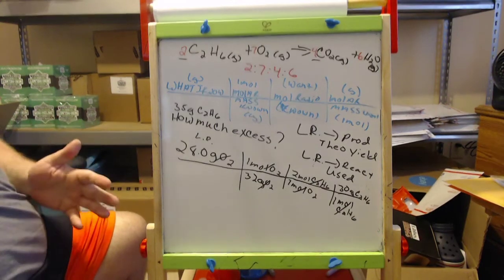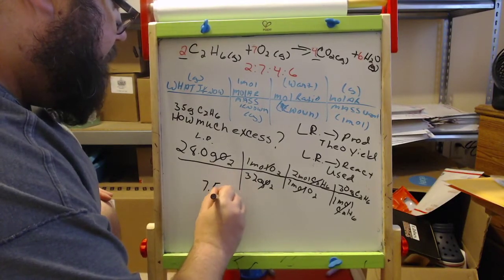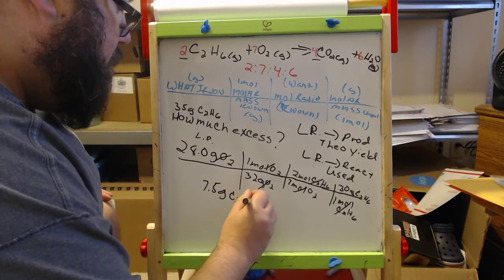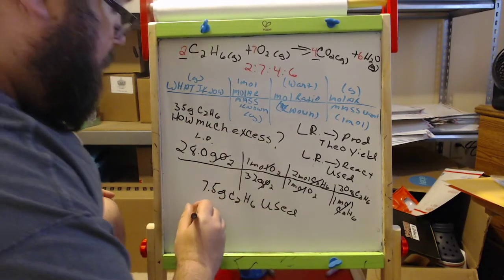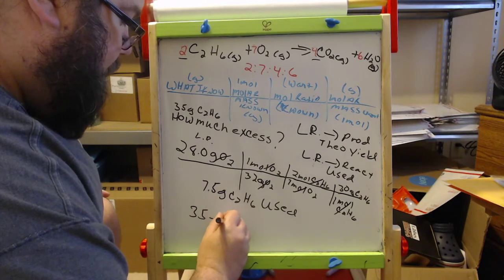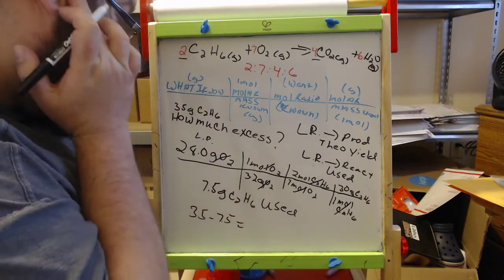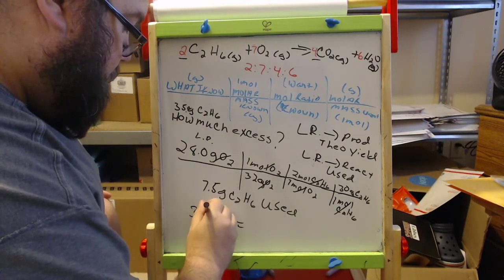I'm getting 7.5 grams of C2H6 was used. And if they want to know how much is left over in excess, we take the 35 minus the 7.5. Okay, and remember this was 35.0 just for sig fig purposes.